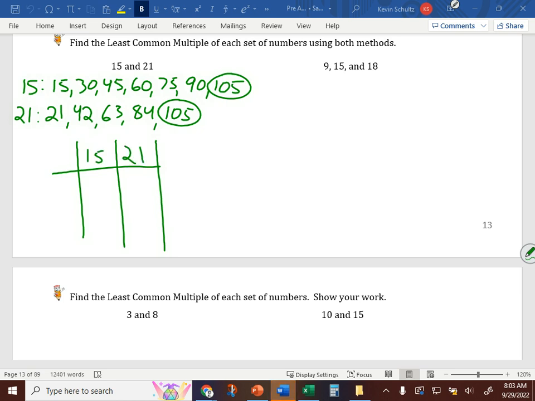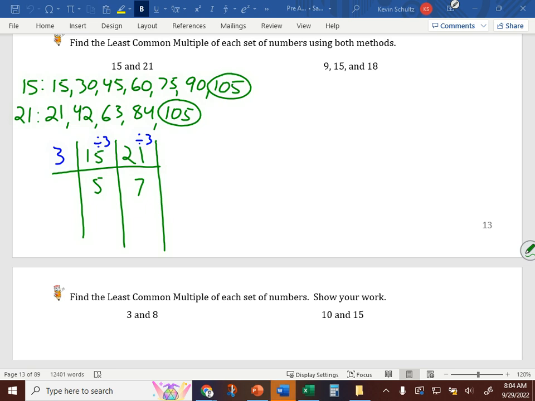15 and 21. What can we factor out of 15 and 21? Nolan, a 3. We do that. Divide by 3, divide by 3. We get 5. And we get 7. And we cannot do anything more. 5 and 7 do not have any factors.